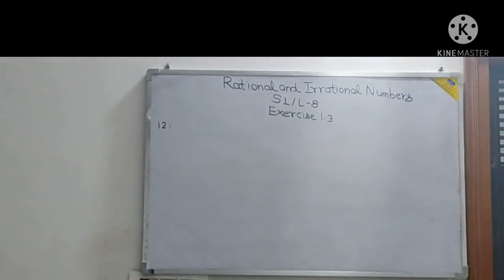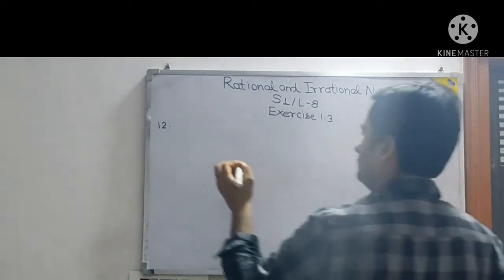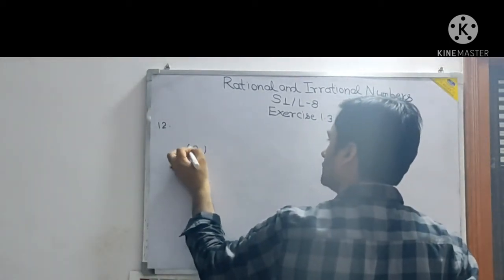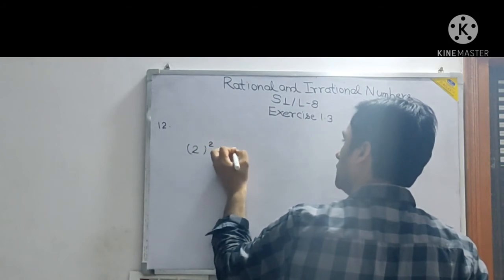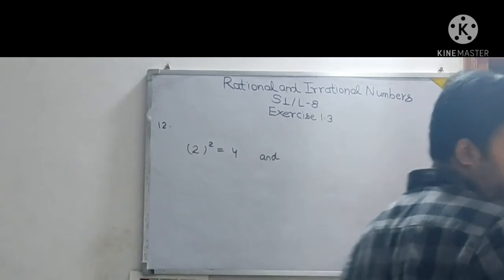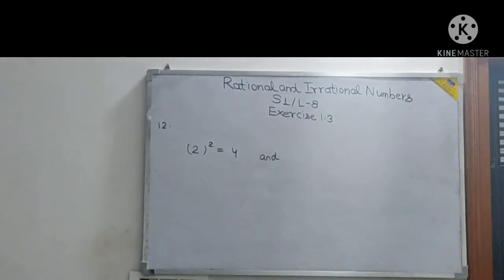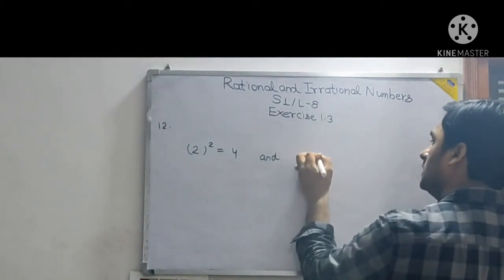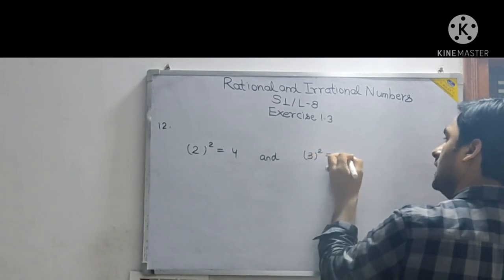You write 2 square is equal to 4, and 3 square is what? 9.